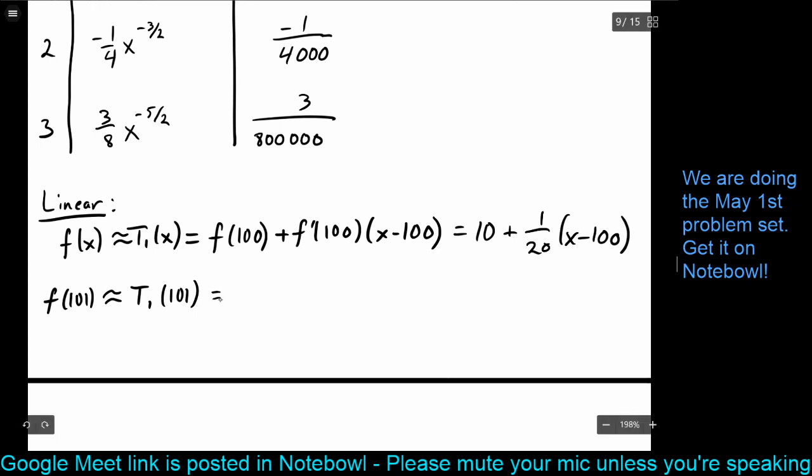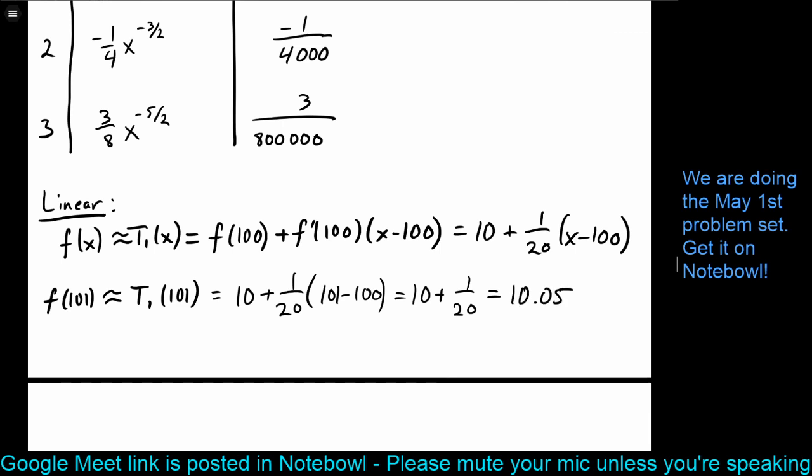Right, if we just plug in f of 100 and f prime of 100. So compute this. f of 101 is approximately the first degree Taylor polynomial at 101. This will be 10 plus 1 over 20 times 101 minus 100. So that's 10 plus 1 over 20. And this works out to be 10.05. Right? So again, this may or may not look similar, depending on if you remember this from last semester.